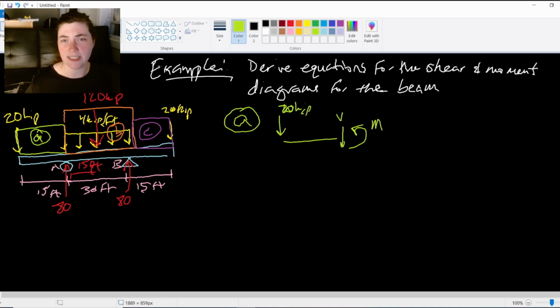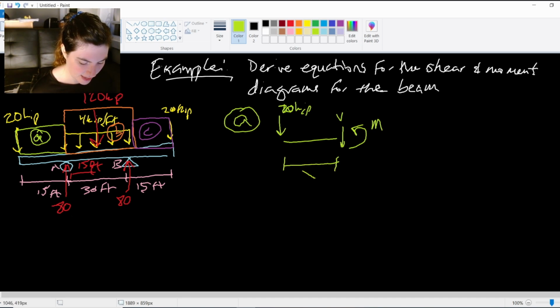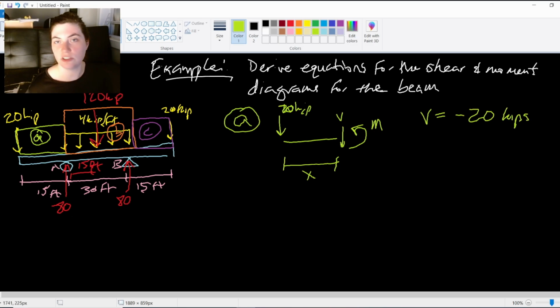So it's really going to be very easy to do my equations here. My distance is x, and this is for the region from 0 to 15 feet. Pretty straightforward again. My V, my shear, is going to be negative 20 kips. That's just coming from my summation of F of y equals 0: negative 20 minus V, V equals negative 20 kips.